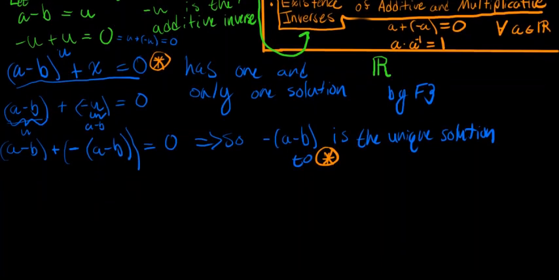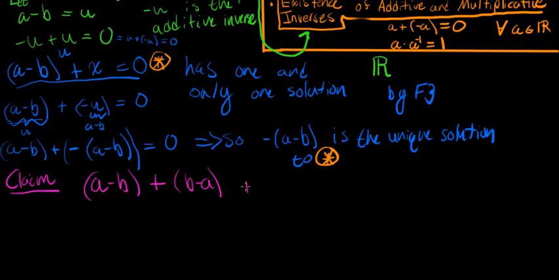Now, I'm going to make a claim here. I claim that a minus b plus b minus a is also a solution to star.